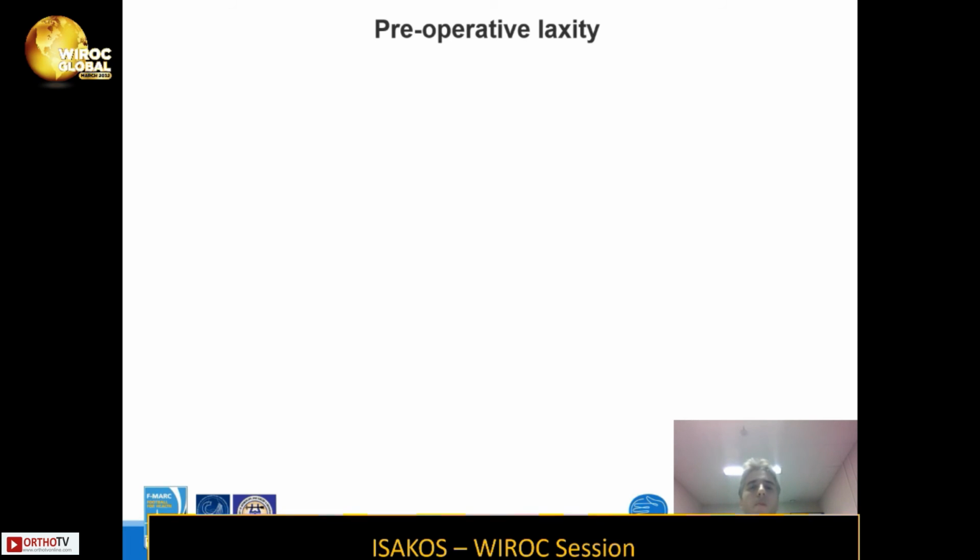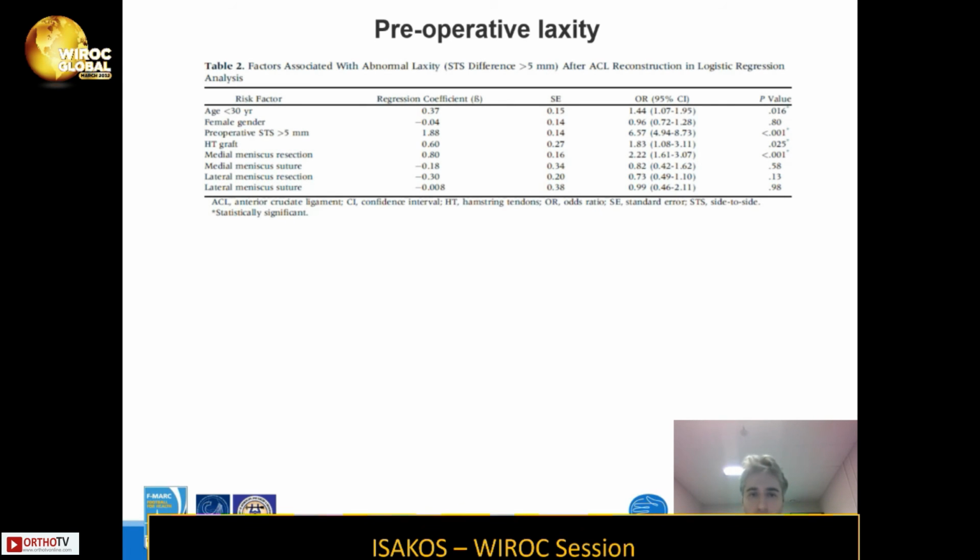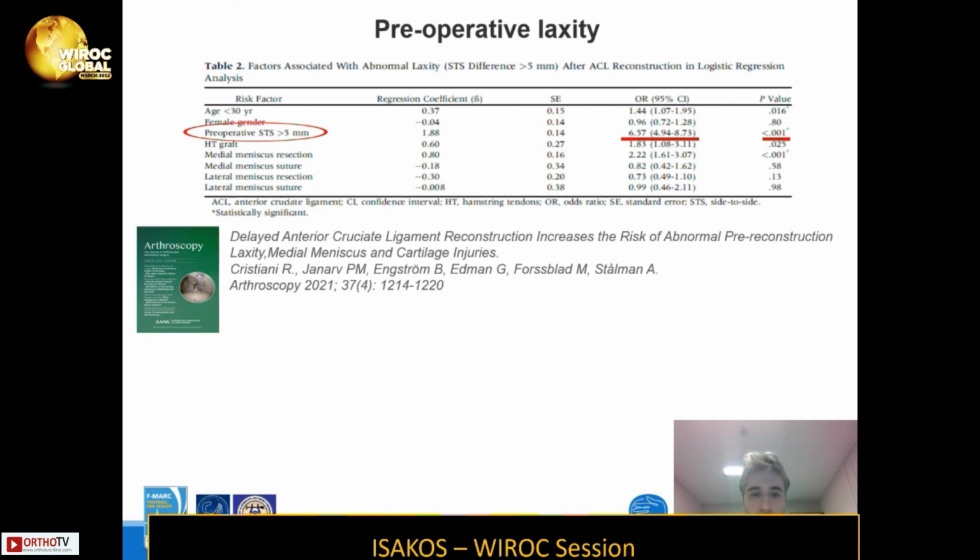Regarding the importance of preoperative laxity, I showed you in the first slide that preoperative side-to-side difference more than 5 millimeters was the strongest risk factor for having abnormal postoperative knee laxity. In this paper we published in Arthroscopy, delayed ACL reconstruction increases the risk of abnormal pre-reconstruction laxity, medial meniscus, and cartilage injuries.